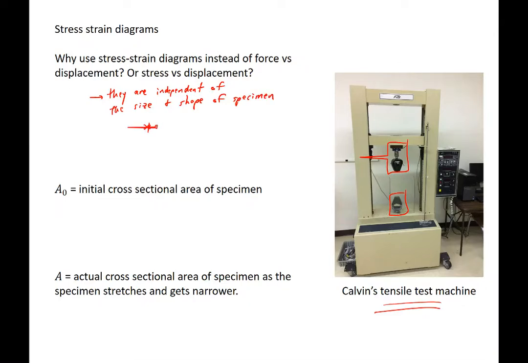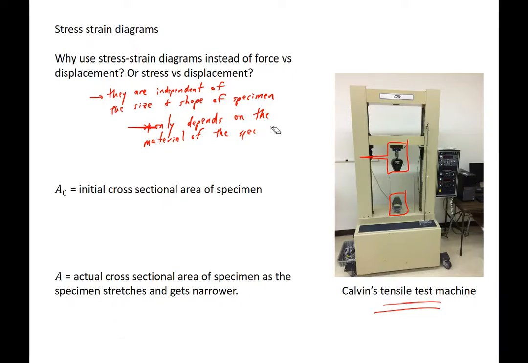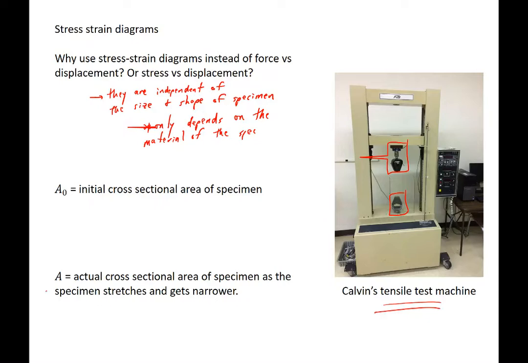It only depends on the material. So if we didn't do that, then we might have to write... we might have to do a test on all kinds of different shapes and sizes of parts.